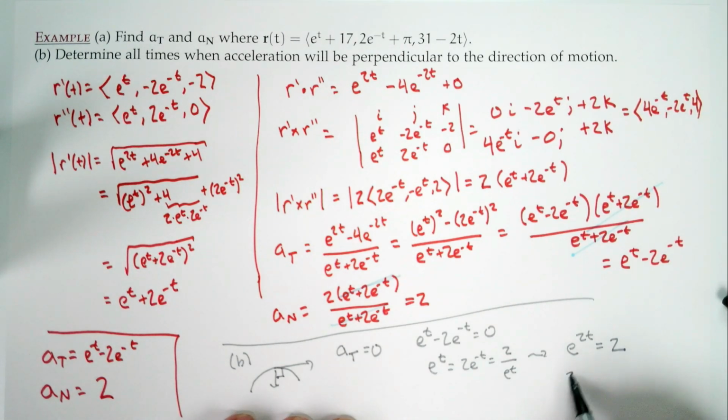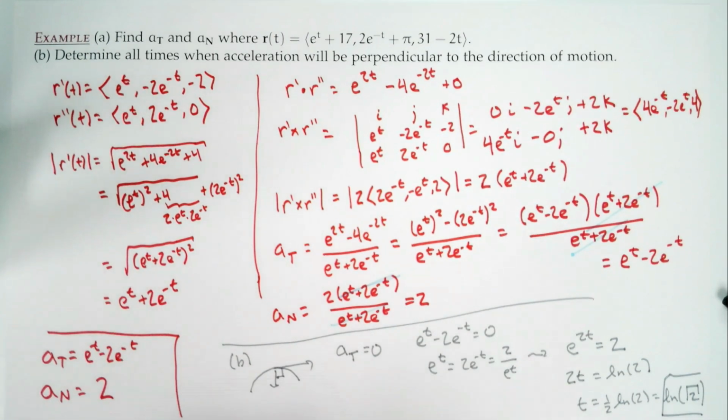Take the natural log of both sides. 2t is log of 2, or t is 1/2 log of 2, which you could also say is the log of root 2. So there's our answer for the second part. So perpendicular to motion at time t equals log root 2. So all right, algebraic, geometric, they're both beautiful because math is beautiful.